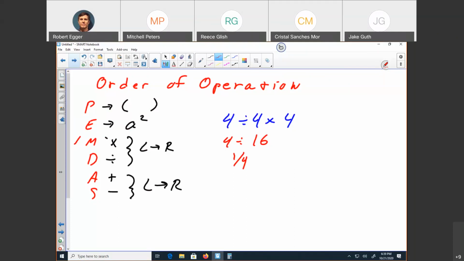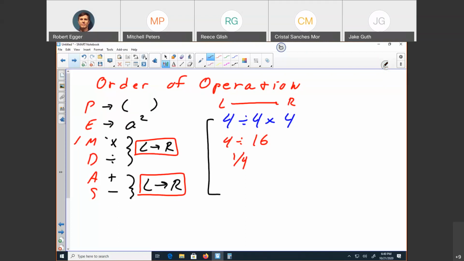Because this left-to-right rule is the final hint to help you organize the operations when you're doing a string of multiplication and division, or a string of addition and subtraction. Now let's redo this guy using left to right. That says, okay, first I will always do multiplication and division over addition and subtraction.